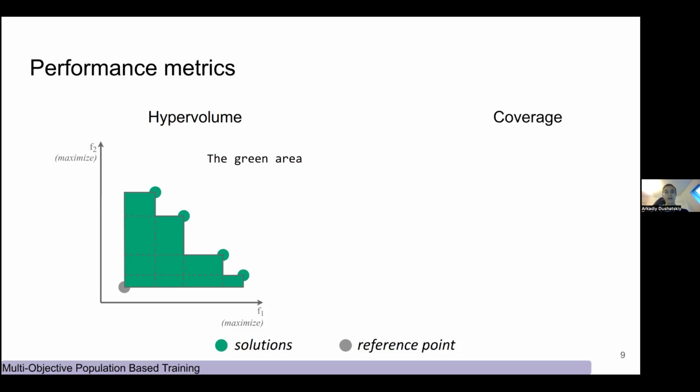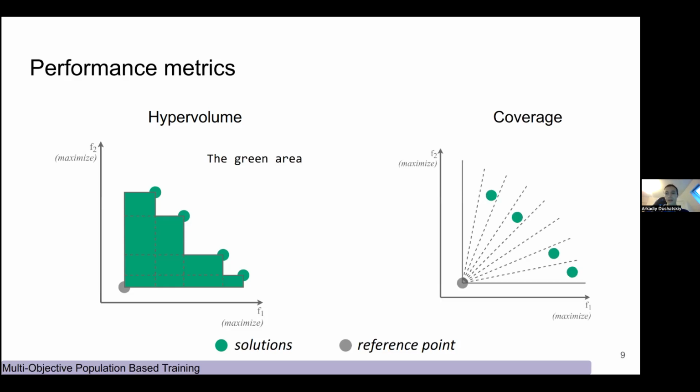We have an alternative metric which is called coverage. We divide our quadrant in sectors and calculate the percentage of sectors in which we have some solutions. So this is a useful metric to measure diversity of the found solutions.